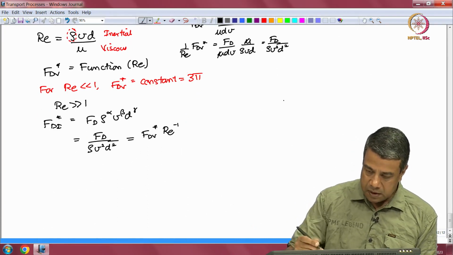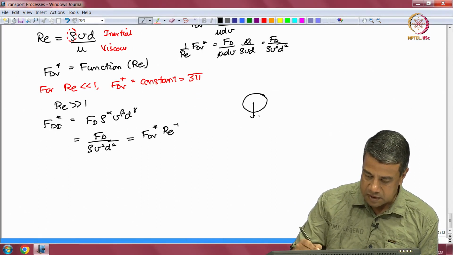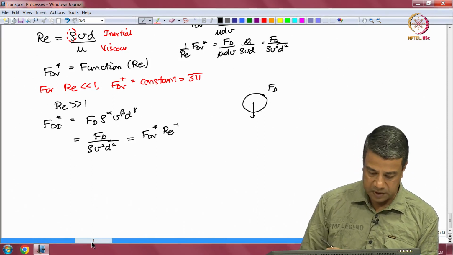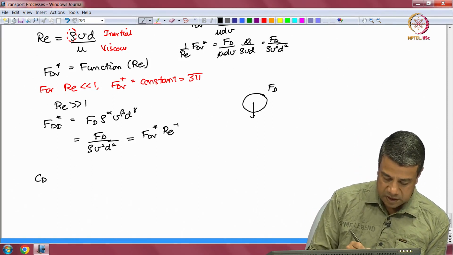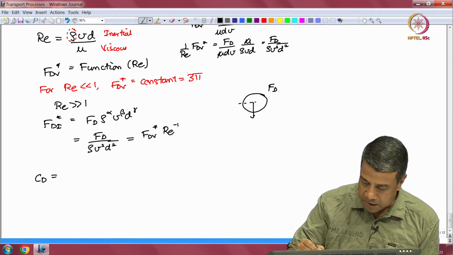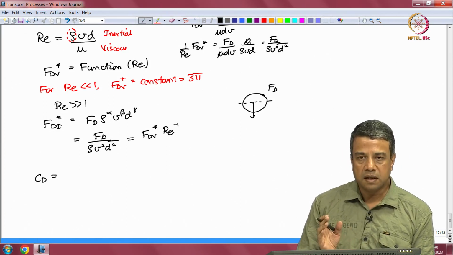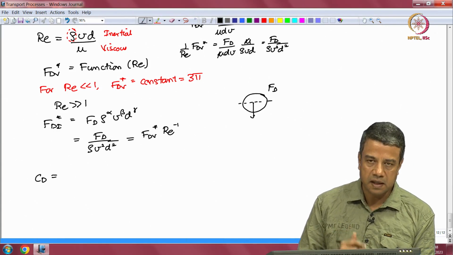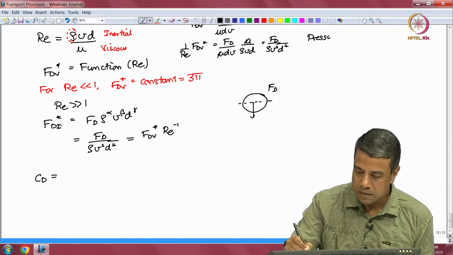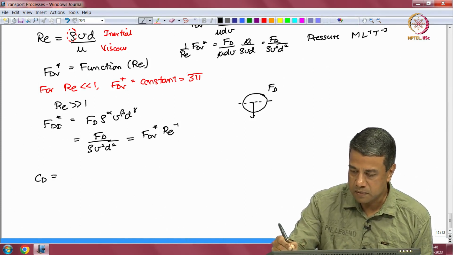The dimensionless group that is actually used for this drag force is what is called the drag coefficient. The drag coefficient C_d is defined as the force per unit area perpendicular. C_d is defined as a pressure divided by a kinetic energy per unit volume. Pressure has dimension M L inverse T power minus 2, you recall.